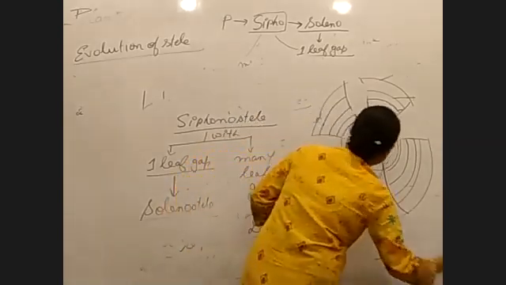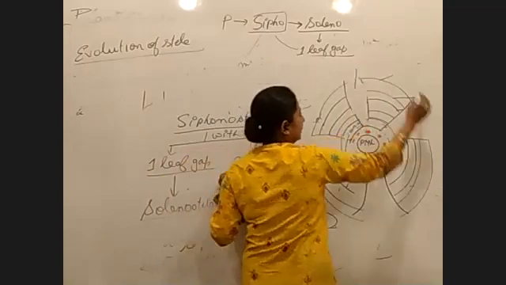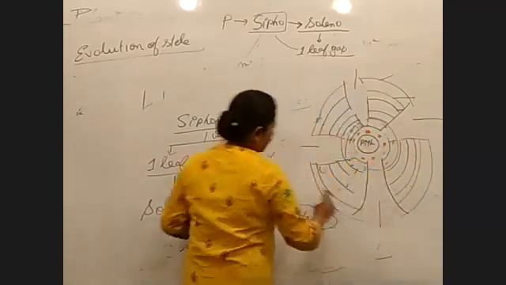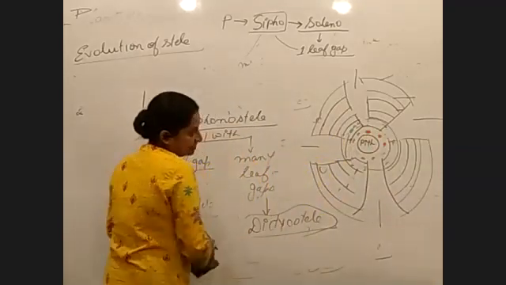How many leaf gaps? Many leaf gaps, right? So this is one gap, this is another gap, this is another gap, this is another gap. If it is divided into many gaps, then it is called as Dictyocele.